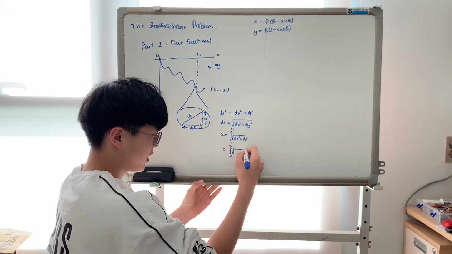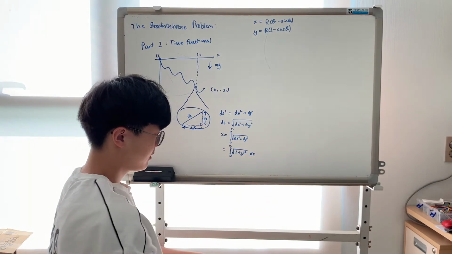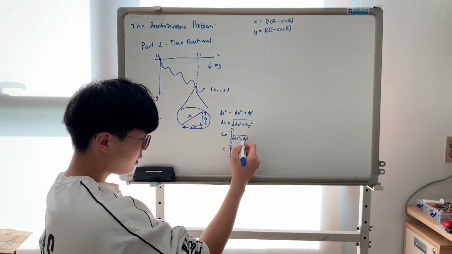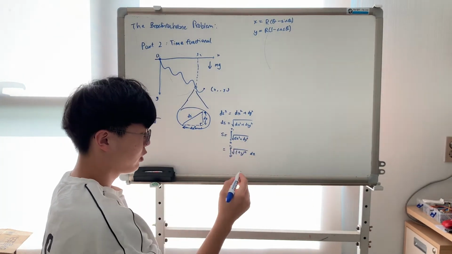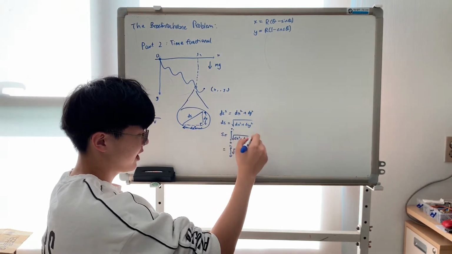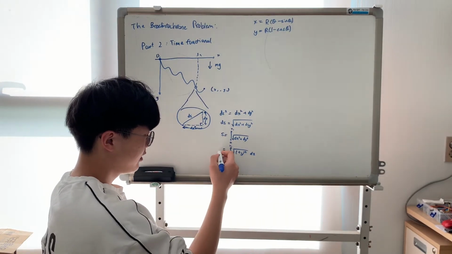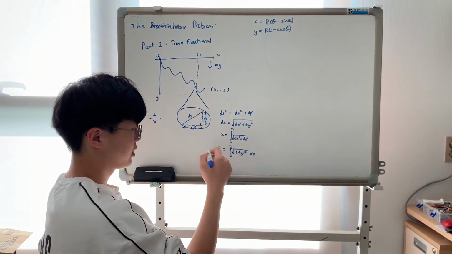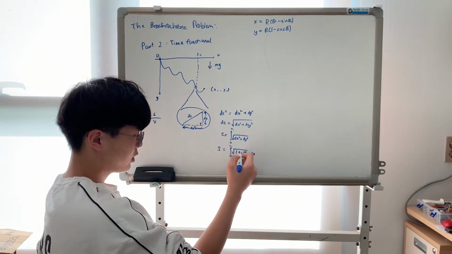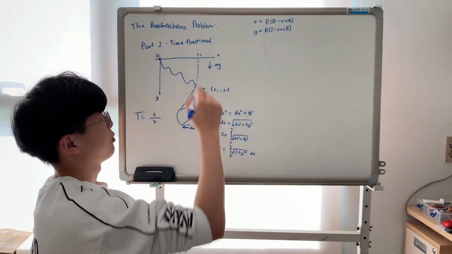So we could say that it's equal to the square root of 1 plus y prime squared times dx. y prime squared is just dy over dx, all squared, because we're taking dx out of the root. Alright, so we have an expression of s in terms of x, y, and y prime, and therefore it is in the form of a functional.